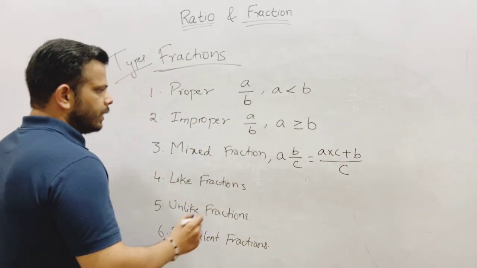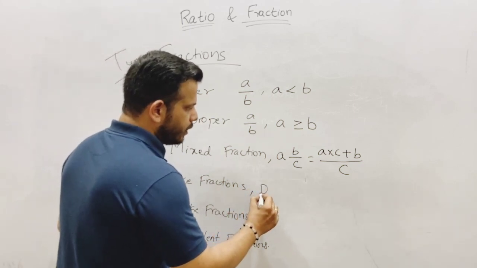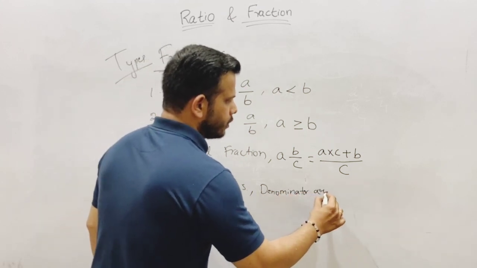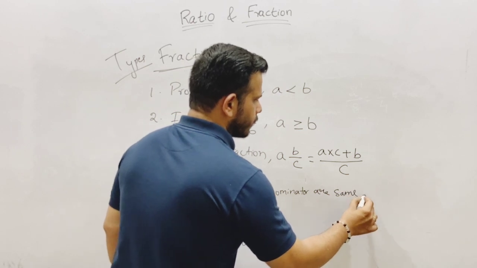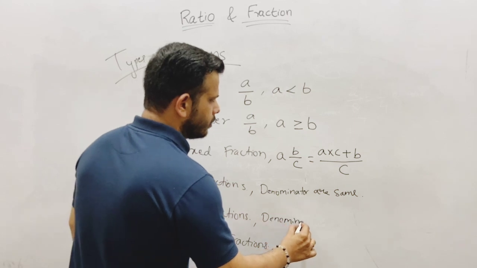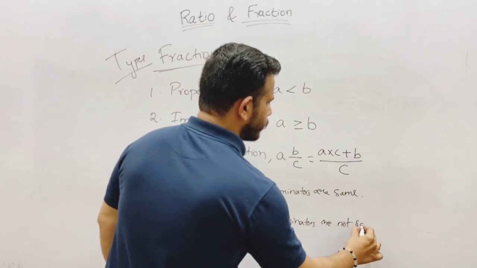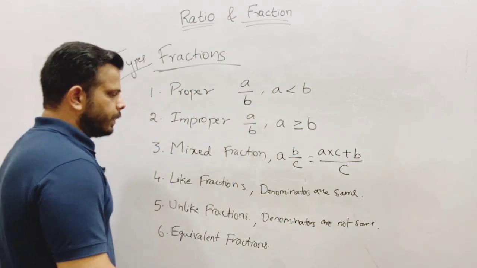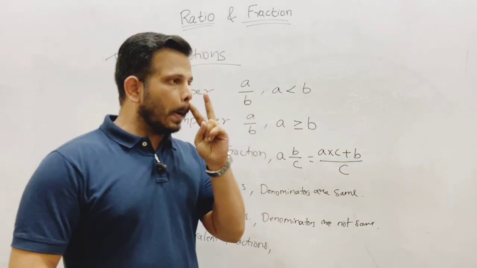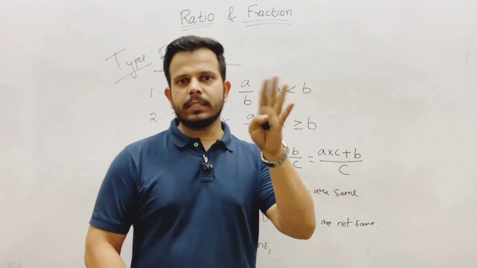Okay. Like fractions are those where the denominators are the same. Unlike fractions are those where the denominators are not the same. Equivalent fractions means two fractions that look different, but when you simplify them, you get the same result.